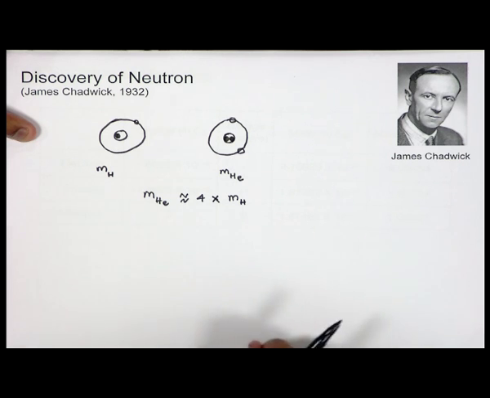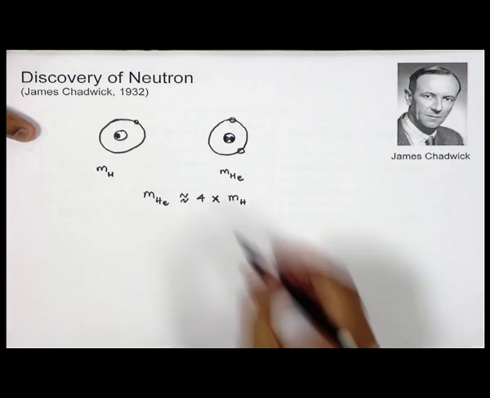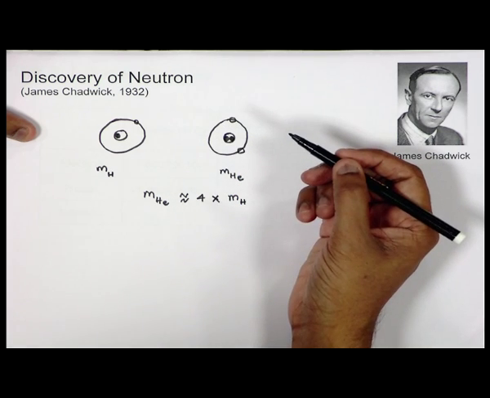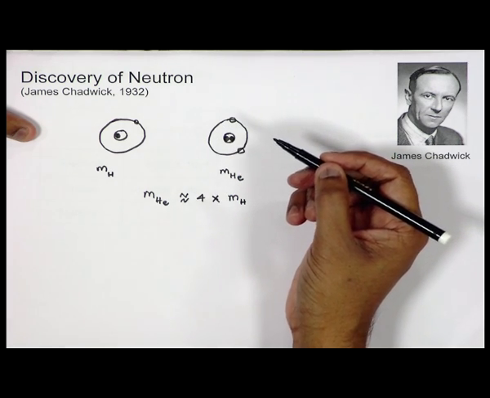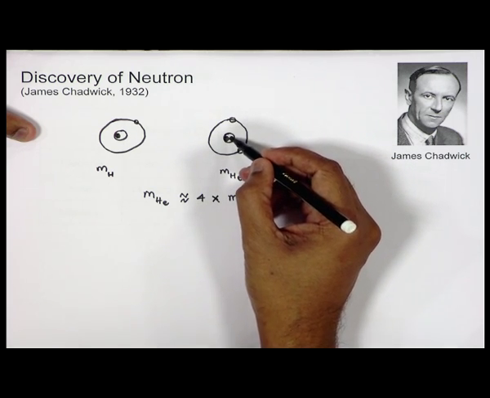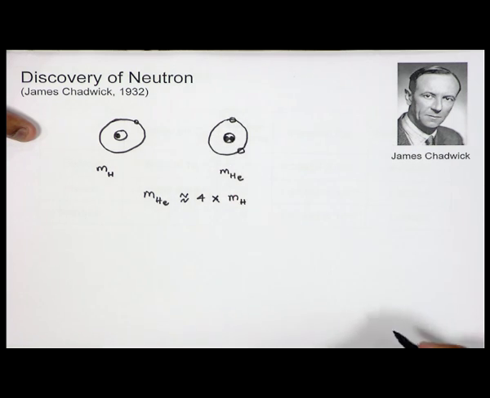This is one question. The other question is that the helium nucleus has 2 protons, both positively charged particles. So, why are they not repelling away from each other? Why is the helium nucleus still stable? They should simply go away from each other. This could not be explained from Rutherford's model.